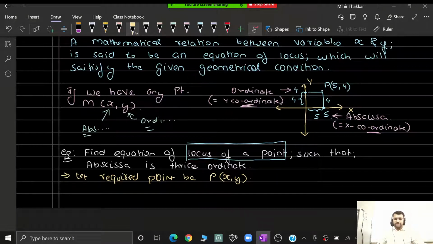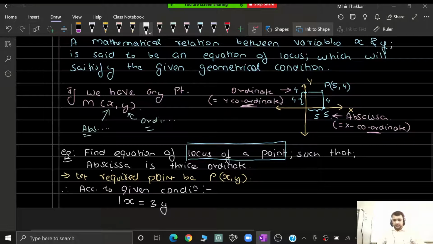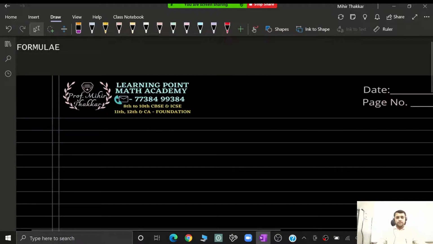Now the equation is very easy. According to the given condition, it says that abscissa is thrice the ordinate. So it is very clearly understood: abscissa x is equal to 3 times the ordinate, which is y. So hence guys, this becomes our required equation of the locus.